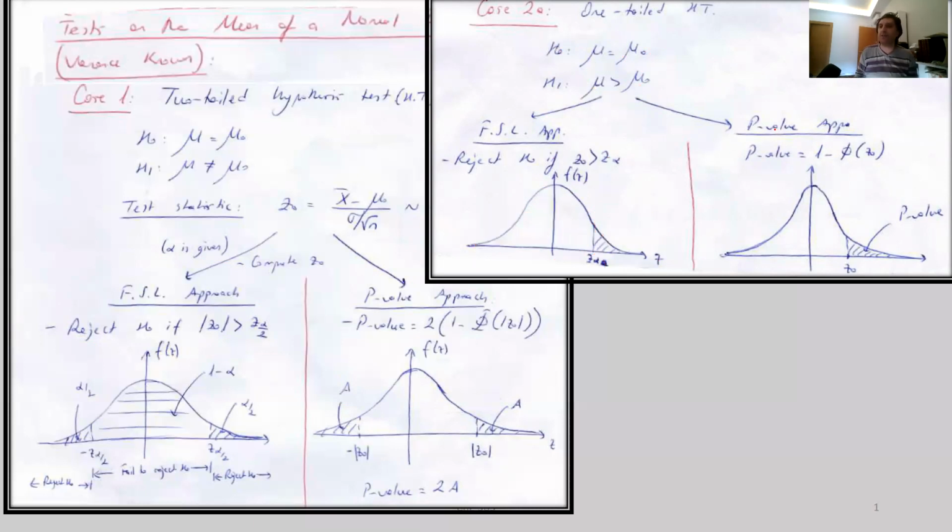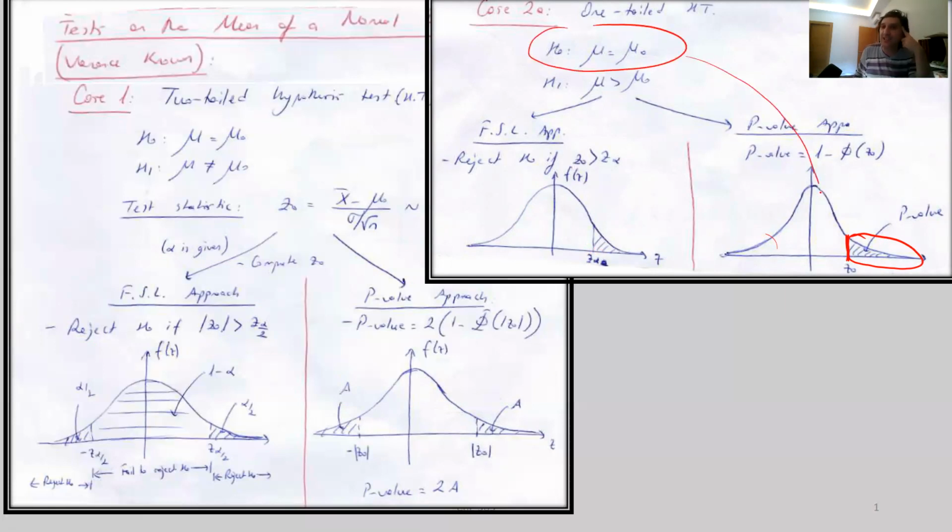And when it comes to the p-value, it's a very similar approach. We put the Z0 value here and we find this tail probability. Note that since it's a one-tailed hypothesis test, the resulting value is not going to be multiplied by 2, because of extremeness. Go back to the definition of the p-value: the probability that you are going to obtain a value as extreme as Z0 under the condition that the null hypothesis is true.